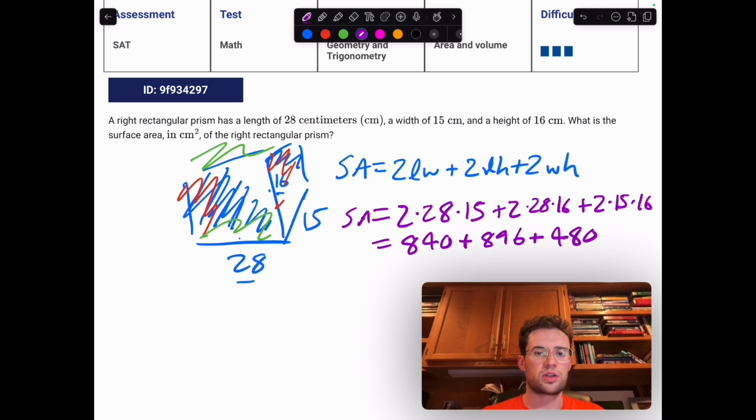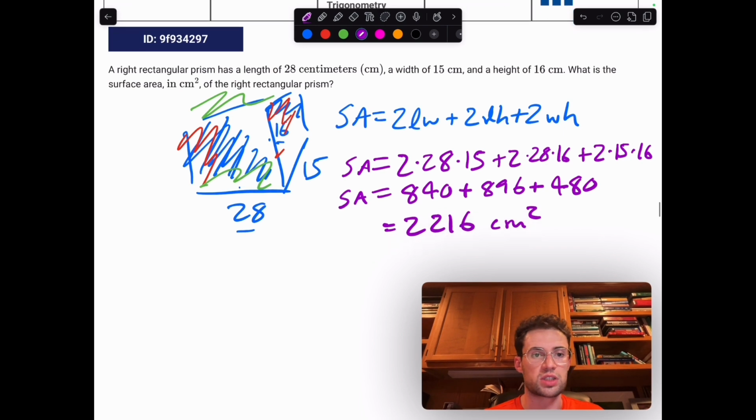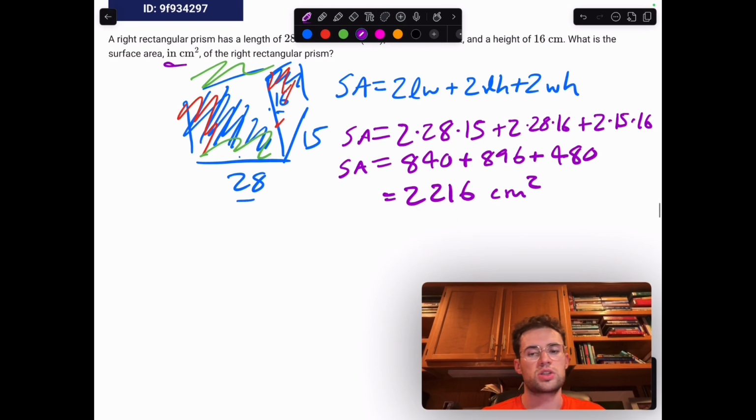So this is equal to the surface area. And when you add those three up, 840 plus 896 plus 480 gives us 2,216. It would be centimeters squared. What is the surface area in centimeters squared? So all you have to do is just write the number.